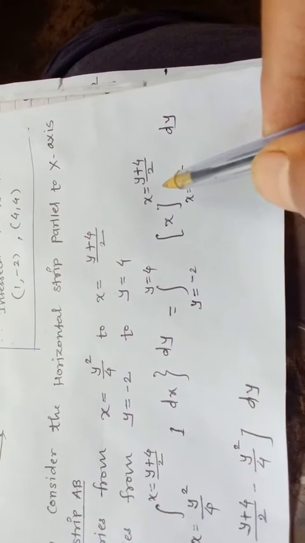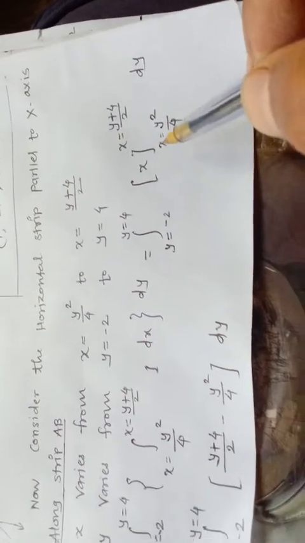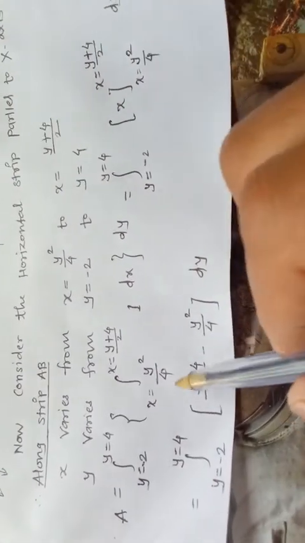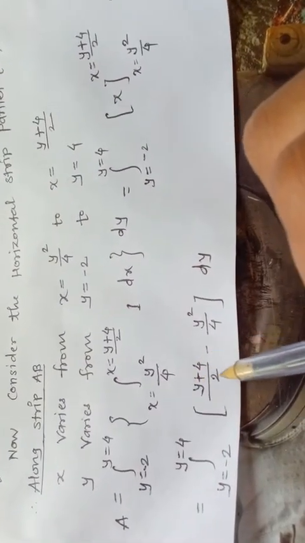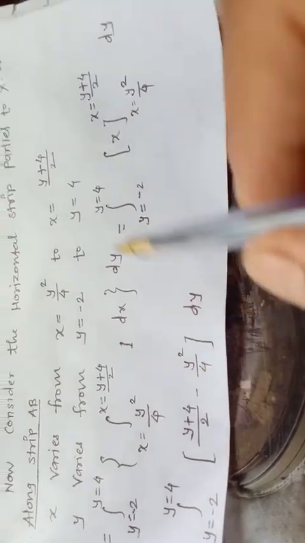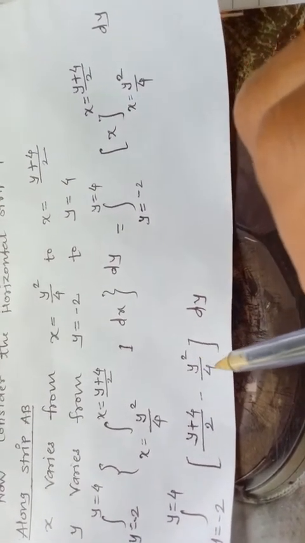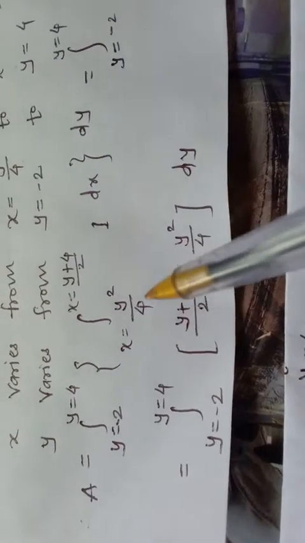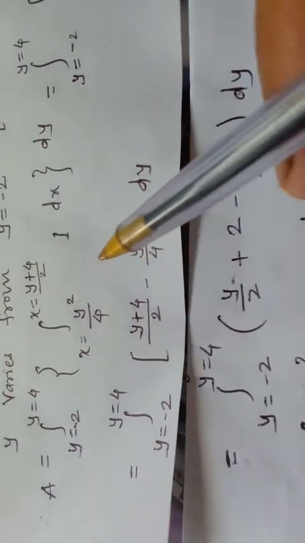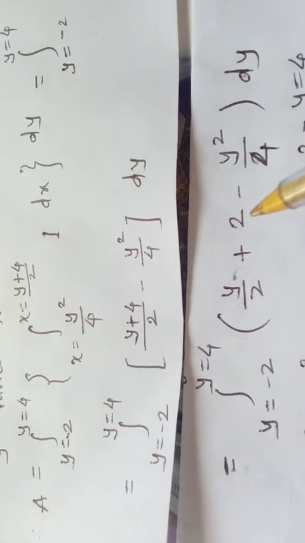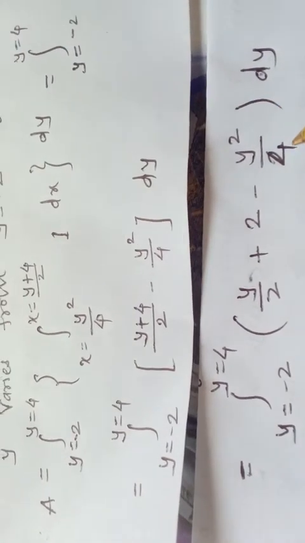Now we are putting in the upper limit and lower limit. If I put the upper limit, we get y plus 4 upon 2 minus the lower limit, that is y square upon 4. First of all, we simplify this. We will get y upon 2 plus 2 minus y square upon 4.